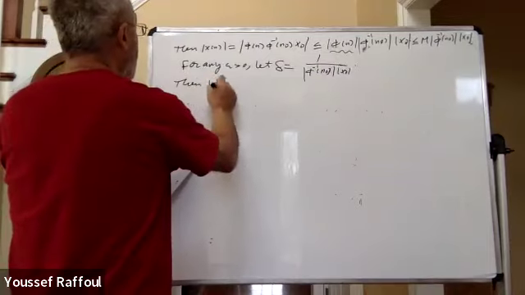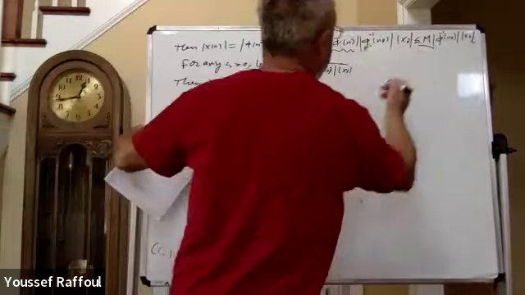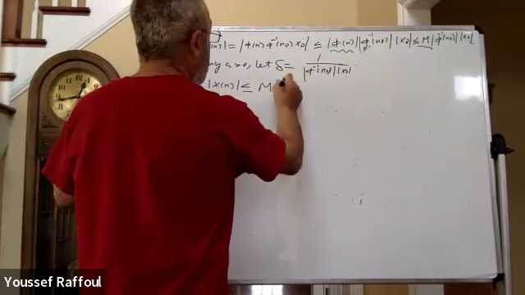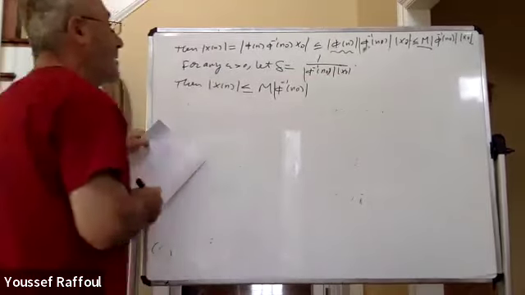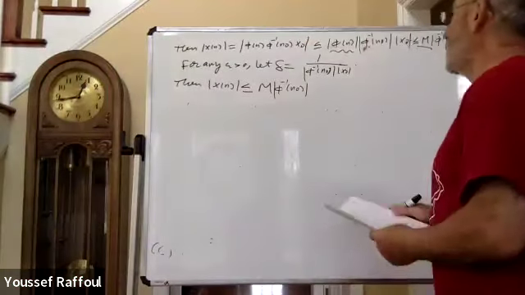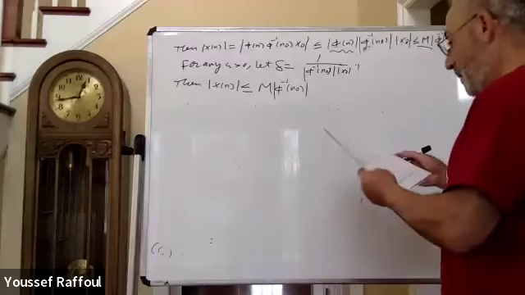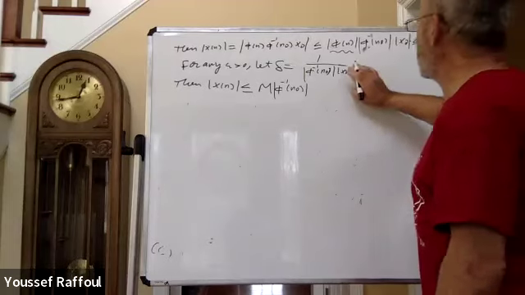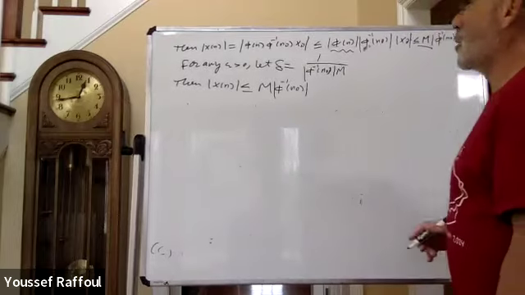Then we know that x_n is less or equal to m, right? Phi inverse of n_0. Okay, delta is less or equal to x_0. Okay. So, no, this is not correct. This is n. Okay.